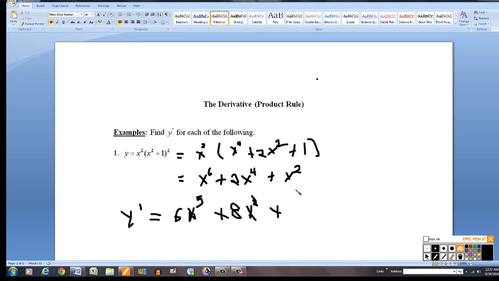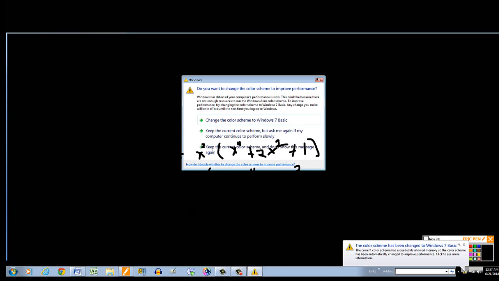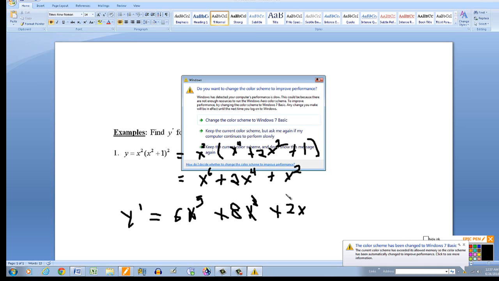Plus 2 times 1, that's the coefficient there, is 2. Subtract 1 from the 2, I get this. Okay, so the answer comes out to 6x to the 5th plus 8x to the 3rd plus 2x.